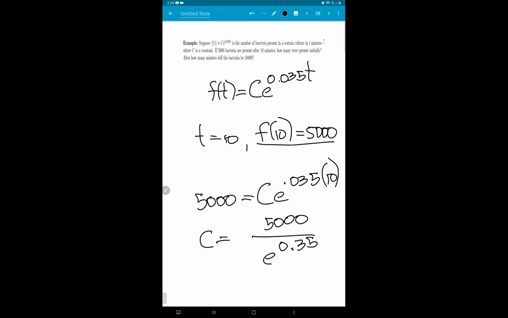And you can use your calculator to round this off, since we are not that strict with the approximation. So we will allow approximation right away, although it should not really be if we want to get a very precise answer. But as I have said, I will allow you to approximate right away if you're solving first for a certain constant or any unknown in the problem before you actually solve for what's being asked in the problem.